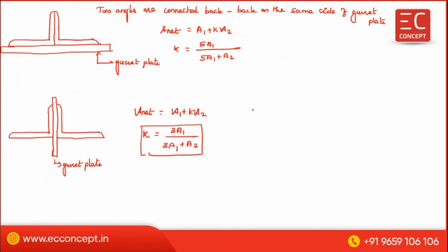Here A1 is equal to the area of the connected leg, and A2 is equal to the area of the outstanding leg. Okay. So these are the important points that you have to keep in your mind.